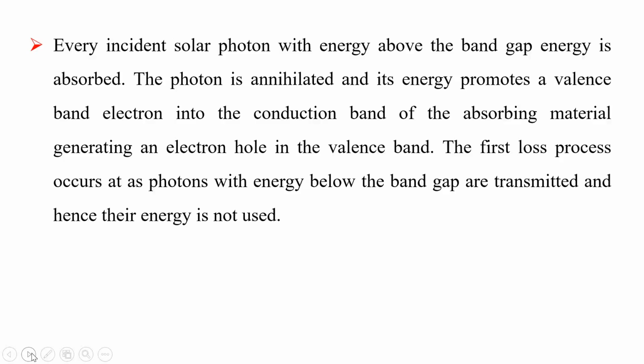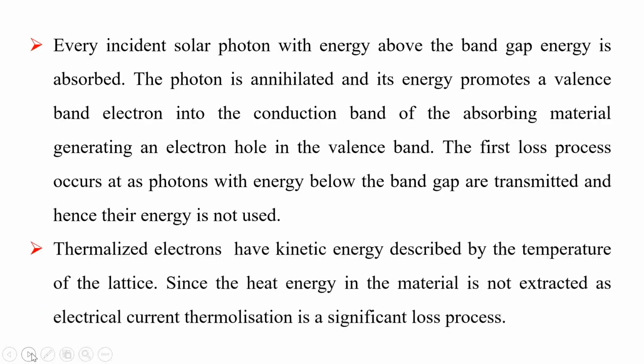The first loss process occurs as photons with energy below the band gap are transmitted, and hence their energy is not used. This is the first loss process of solar energy. Thermalized electrons have a kinetic energy described by the temperature of the lattice.